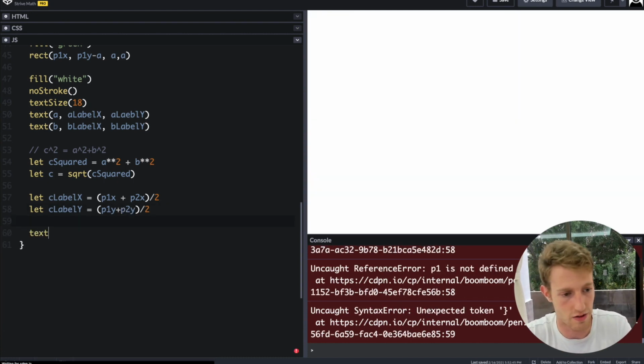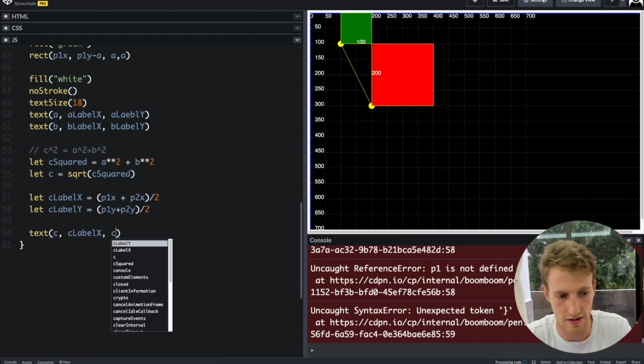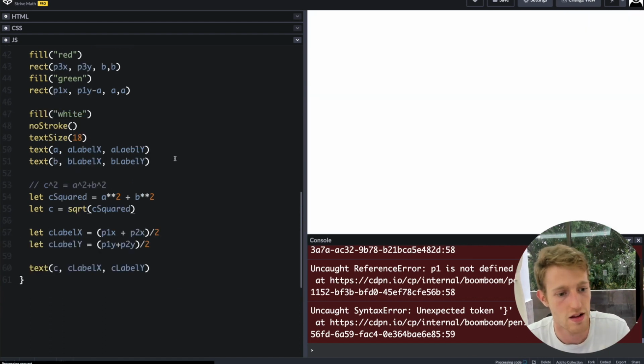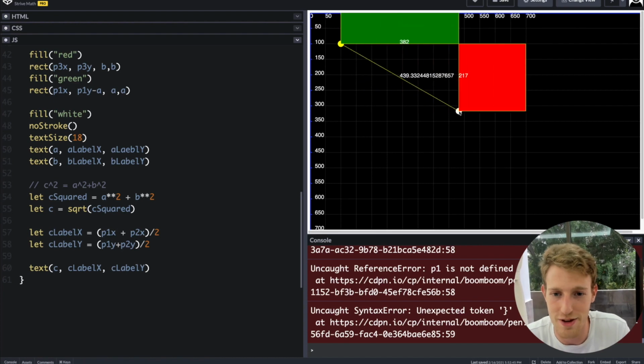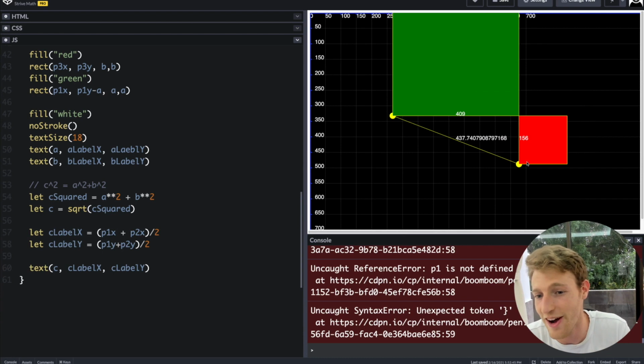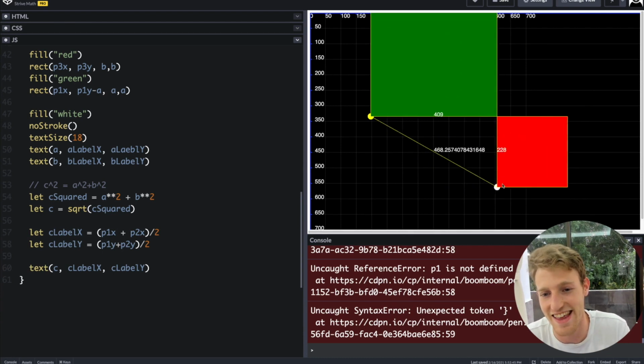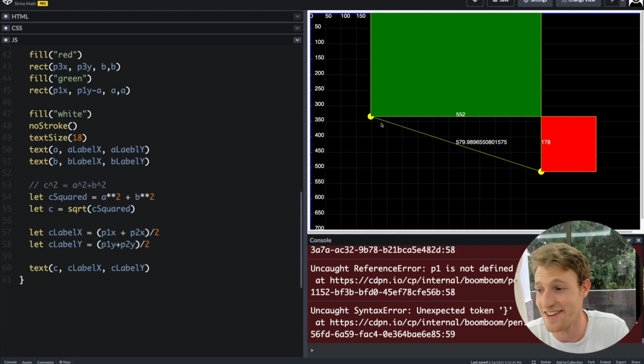And then let's put that in. So we're going to say text, and we're going to say c label x, and c label y. And there it is. You can see the c label, and it's nicely staying in place. We are getting a bunch of these decimal points, which we can deal with. But that shows you this.